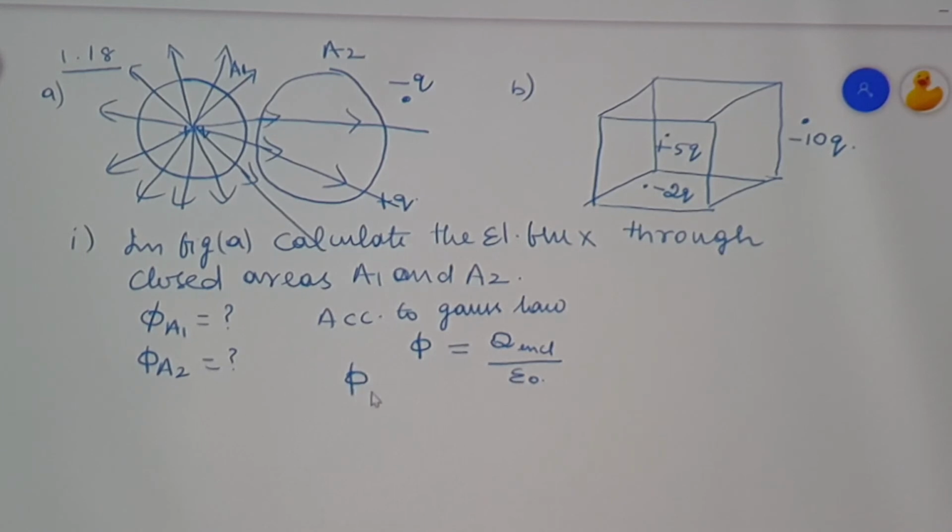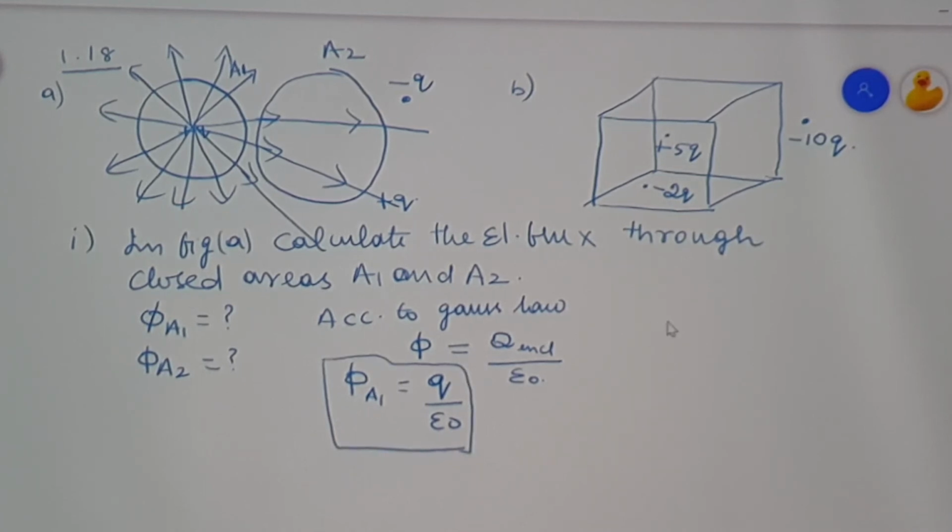If I am considering the flux of A1, that is the first sphere of area A1, it is enclosing a charge plus Q alone. So I am writing it as Q divided by epsilon 0. This is the answer.